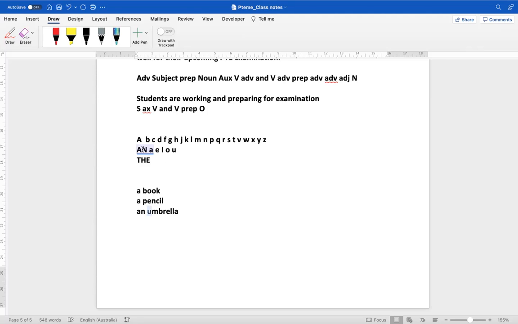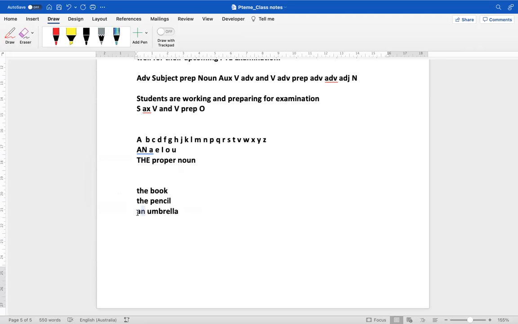For a vowel sound we have to use an. For a consonant sound we have to use a. Then where do we use the? We use the for proper nouns. What are proper nouns? We can also use the book, the pencil. So for that type of words, we can use the.